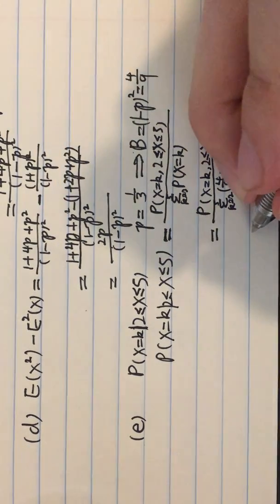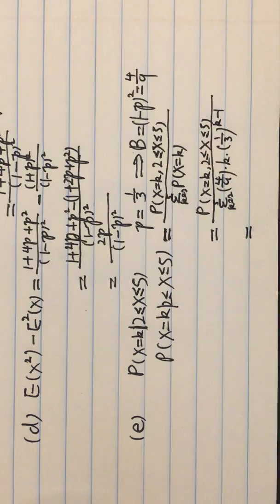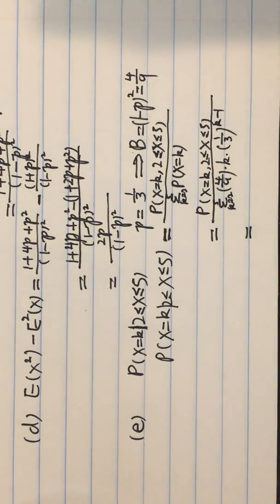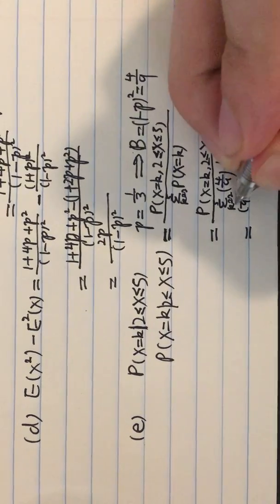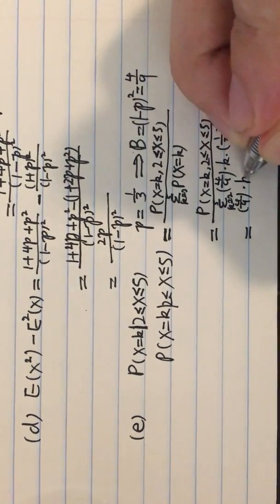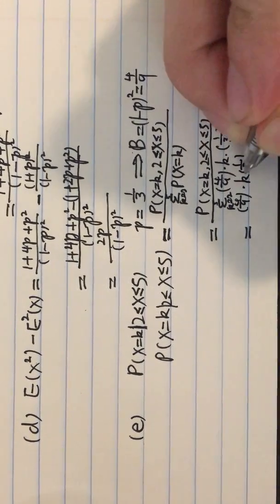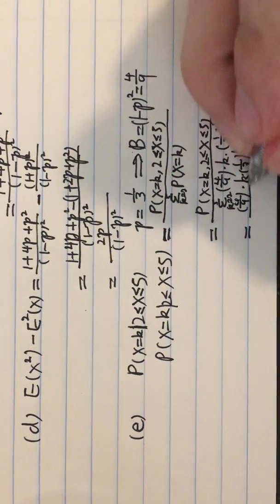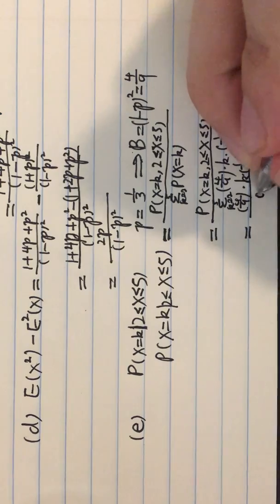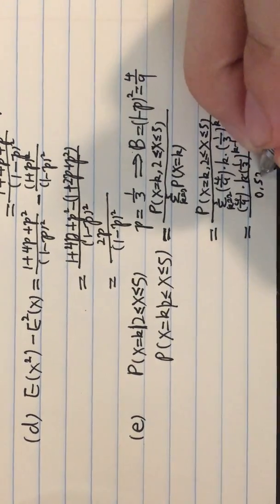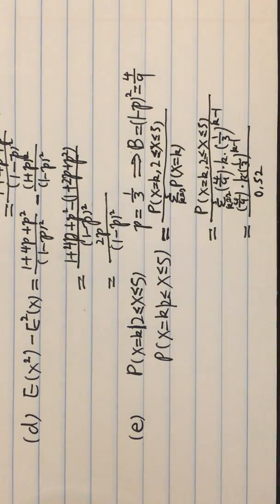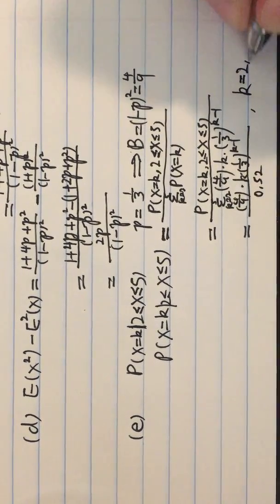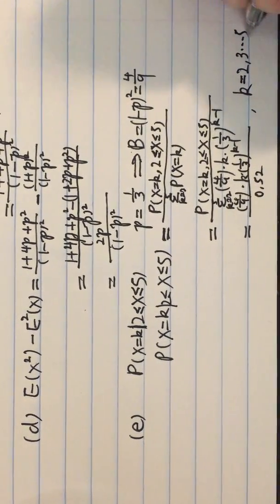Alright, and this equals around this value, where k equals 2, 3, 4, 5.